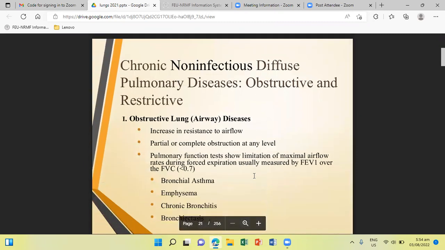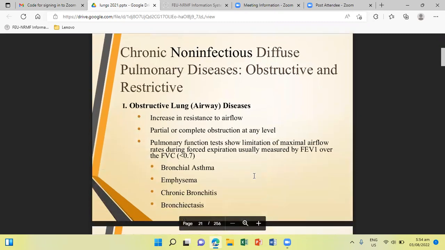We're now going on to the next part of the topic outline, which is the chronic non-infectious diffuse pulmonary diseases, which are categorized into two types. You have the obstructive and the restrictive. So let us first try to define obstructive lung diseases.